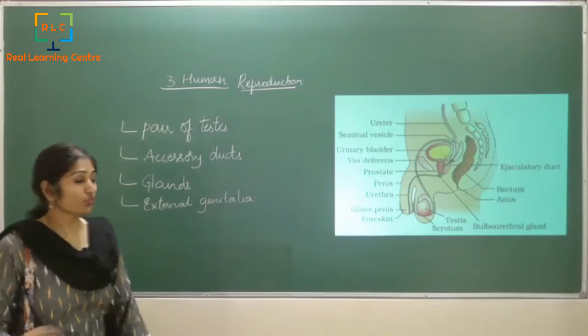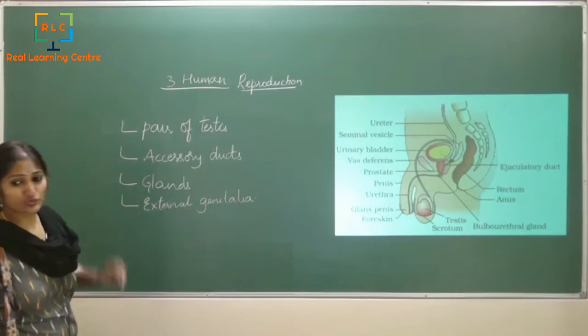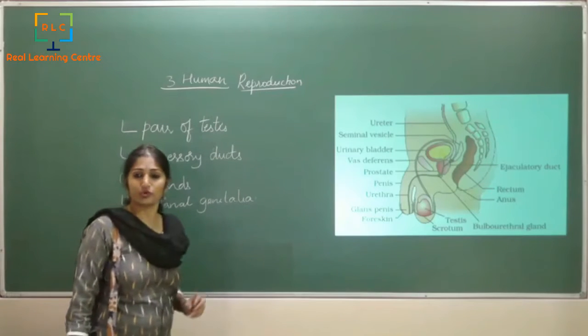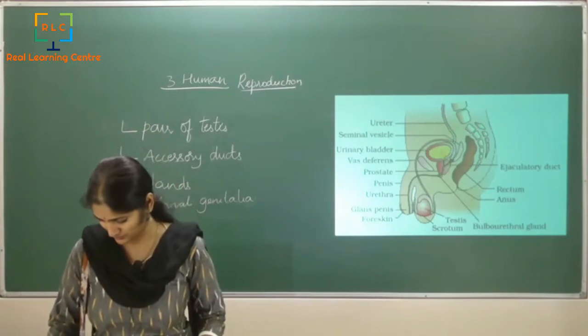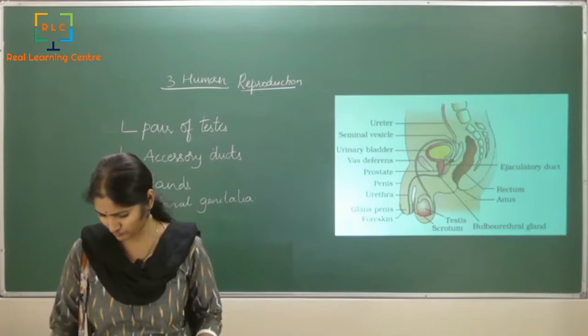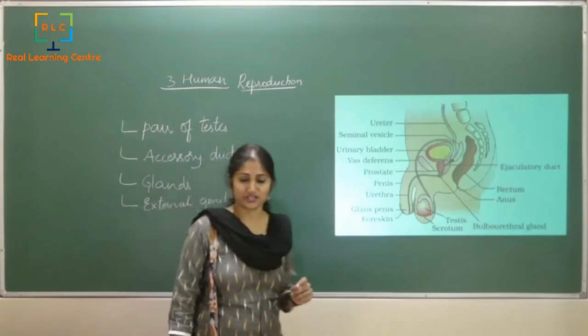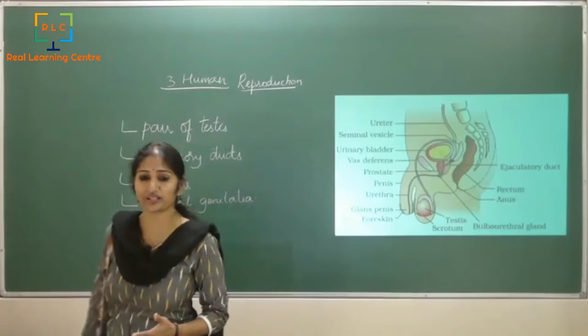Okay, now let us see what is each one here. So we have the first one, which is called as the testis. Now, testis is a very important part of the male reproductive system, and this is outside the abdominal cavity.